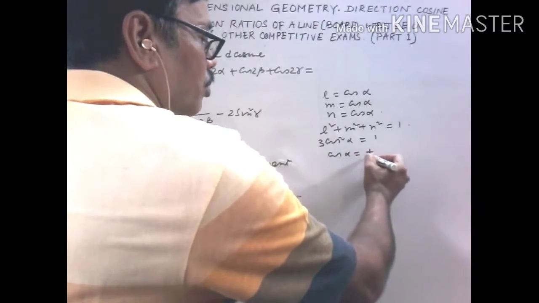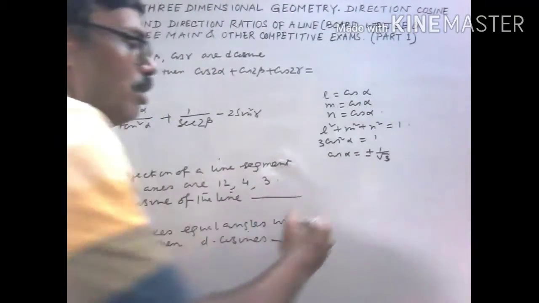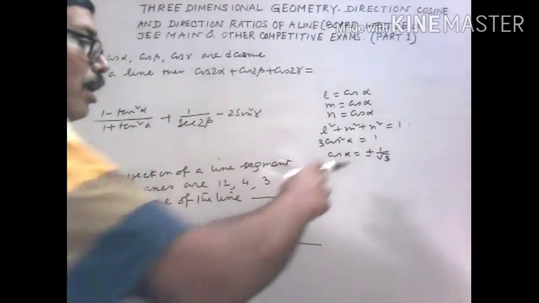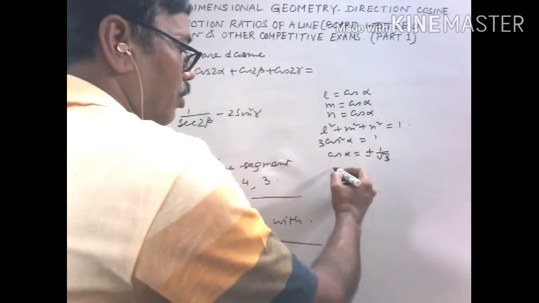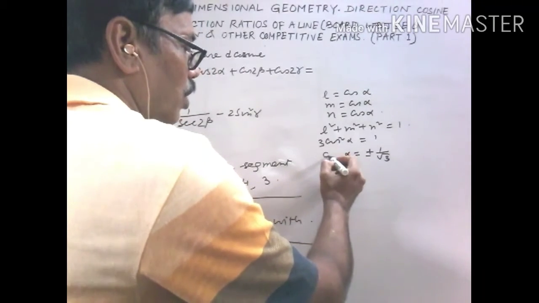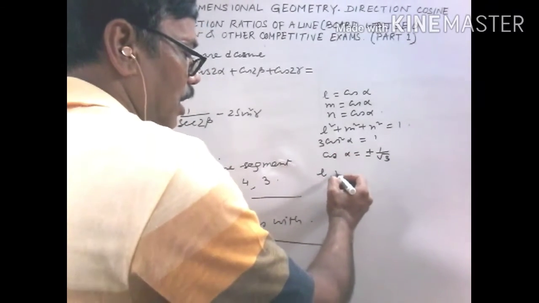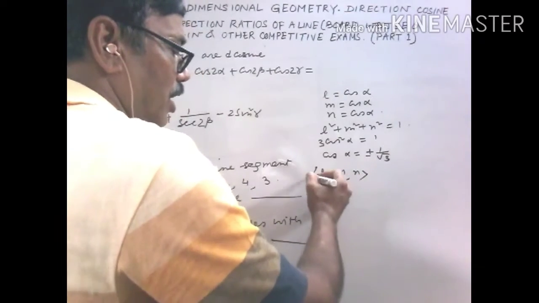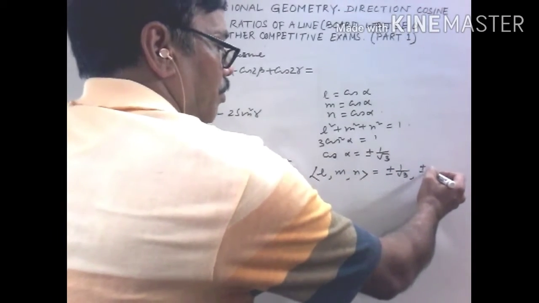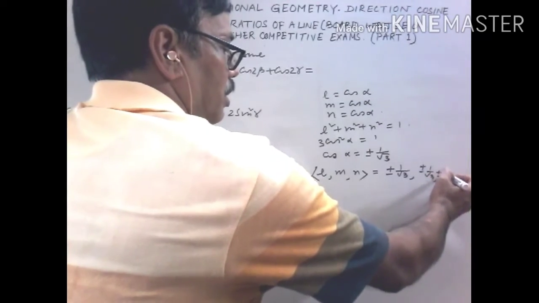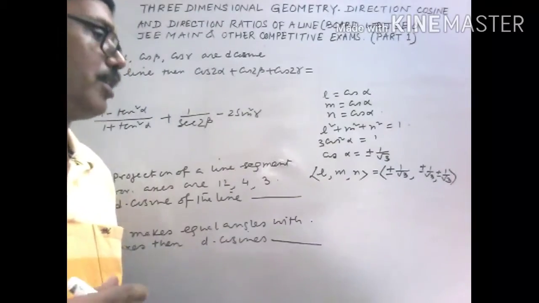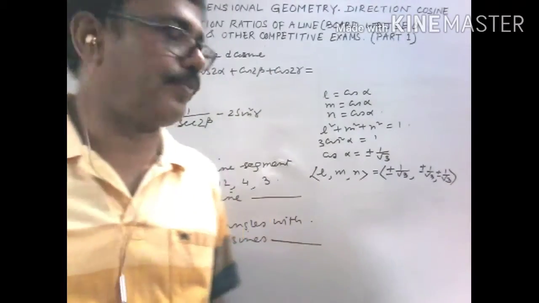So cos alpha equals plus minus 1 by root 3. So the direction cosines L, M, N are plus minus 1 by root 3, plus minus 1 by root 3, plus minus 1 by root 3. This is the direction cosines of the line.